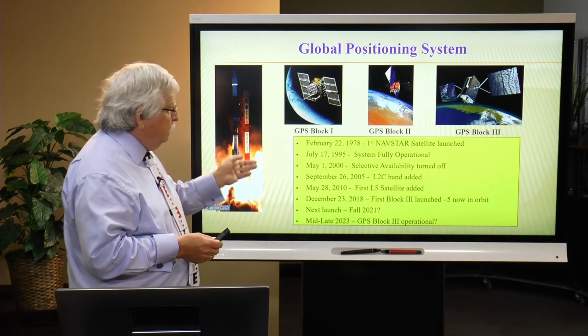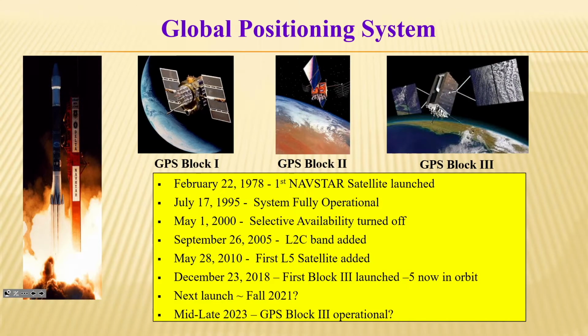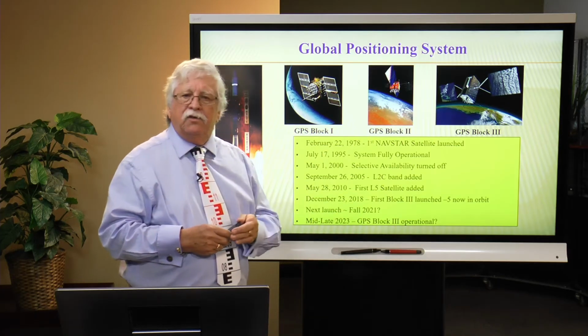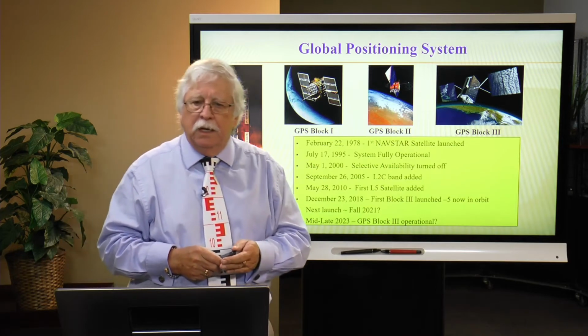I put a couple of highlights in here that I just want to point to for some definition. Next year, it says next launch of a Block 3 satellite will be in the fall of 2021. Well, here we are already in the fall of 2021, and that hasn't happened, so I suspect that'll be pushed to 2022 at the earliest.